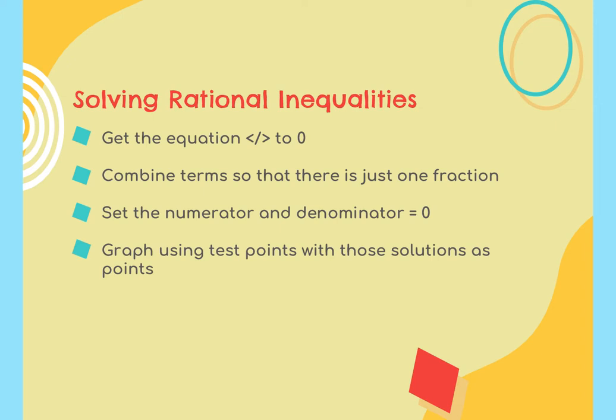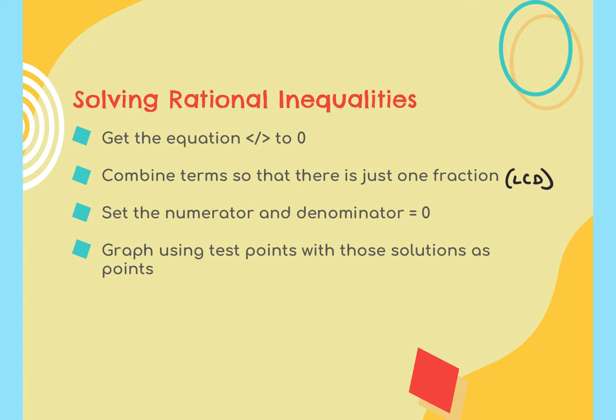So your goal for these is to get the equation isolated so that 0 is on the side by itself. Combine the terms so there's just one fraction. If there's only one fraction, you move it to the other side, you're fine. But if there's more than one fraction, you have to combine them together. This could involve finding the least common denominator, changing them so they have it, and then combining them.